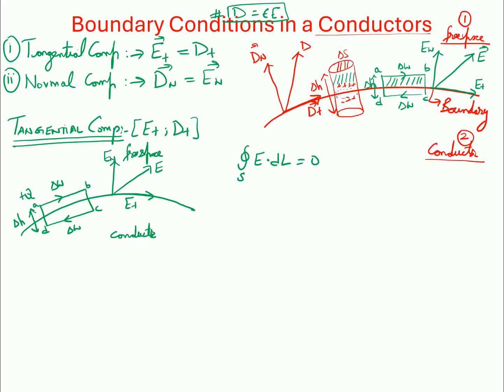Using this, we can integrate from A to B, then B to C, then C to D, and again back from D to A, and we apply E dot dl on all of these, and it should be equal to 0. So this is what we are going to do for all these sections.